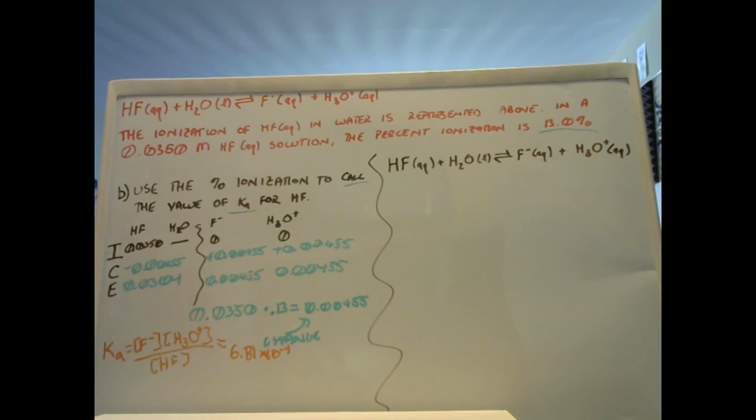And again, 3 decimals because we have 1, 2, 3 sig figs there, and we have 1, 2, 3 sig figs here.